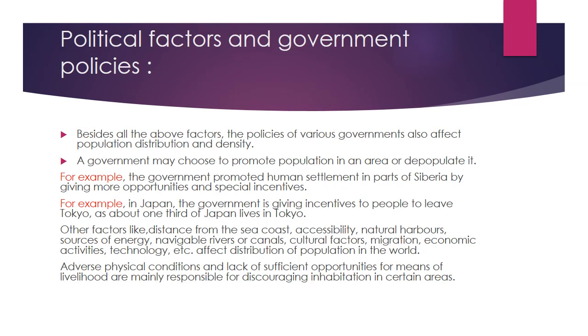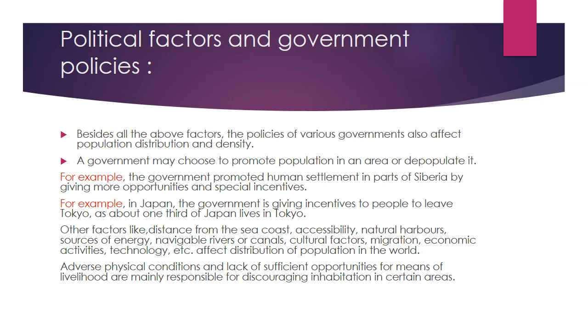Political factors and government policies. Now, even these are factors which are affected by human intervention. Besides all the above factors, the policies of various governments also affect population distribution and density. The government may choose to promote population in an area or depopulate it.